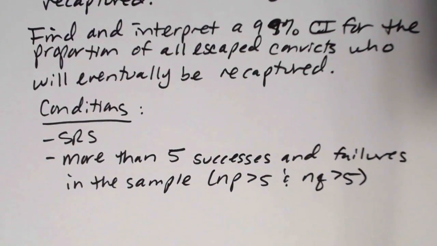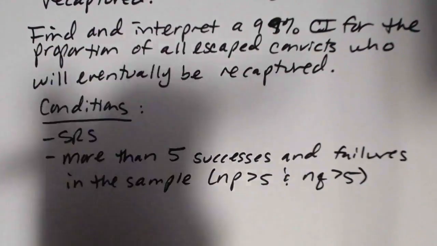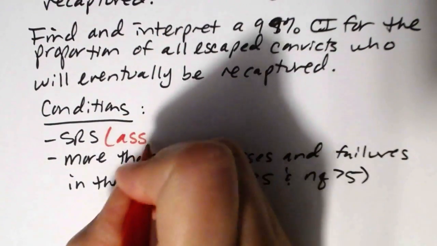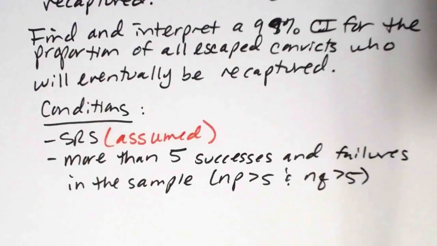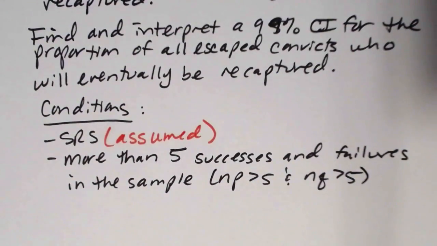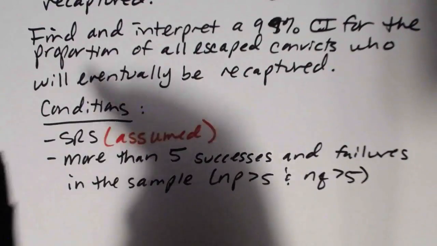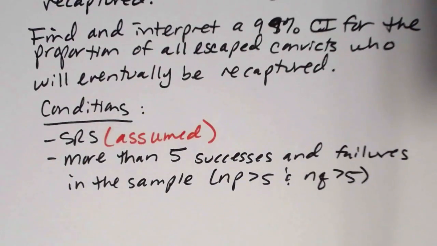It just said that they were case studies. So for now, I'm going to assume that these were sampled randomly. If these case studies were not selected randomly, what we're about to do actually is completely inappropriate. The whole purpose of creating this kind of confidence interval is predicated on the notion that these conditions are met. Okay, so for now I'm going to take this as assumed. But if for some reason we had reason to suspect that this was a biased sample, we would not want to proceed with our computations.